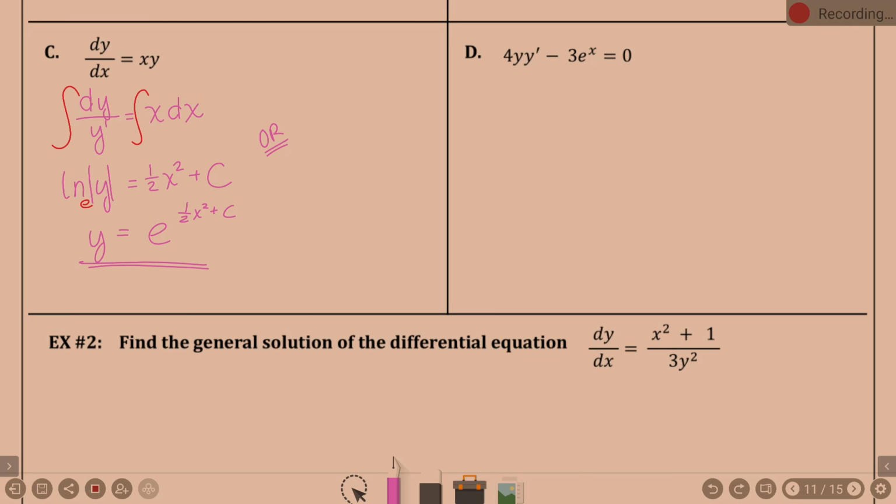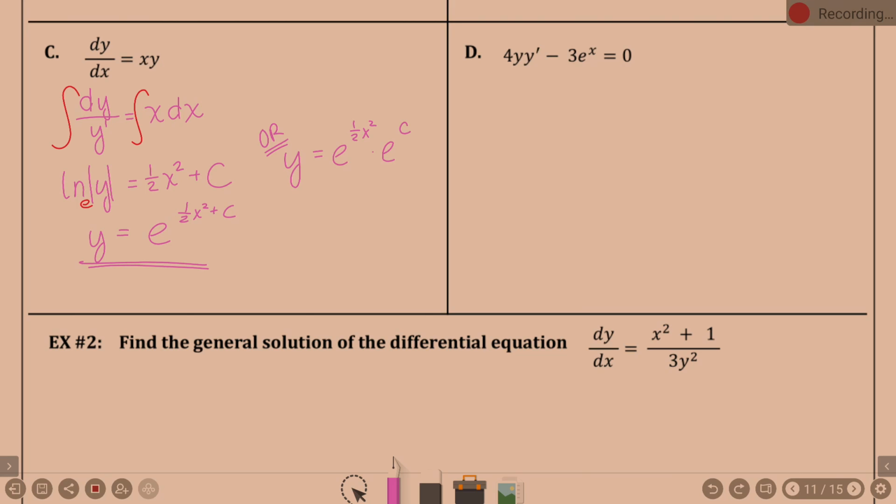What I'm going to say here is that a lot of the time, this is where you need to be confident in this skill, that you don't see that plus c left here. If we think about this a different way, it's e to the 1/2 x squared and then this plus c is the same thing as saying e to the c. This is familiar from what we did earlier, right?